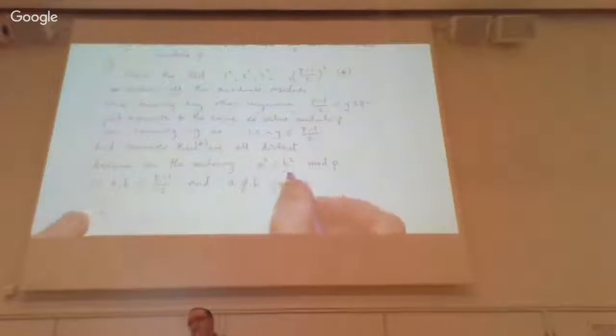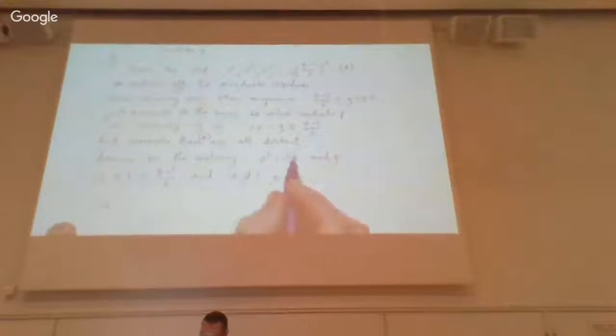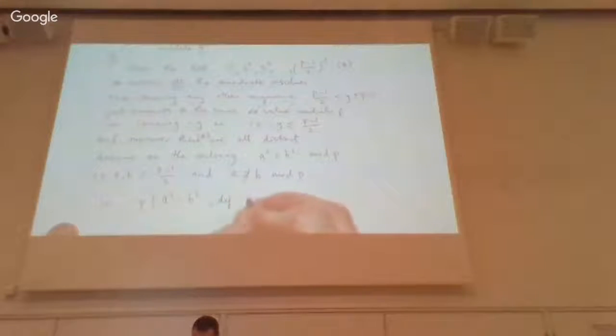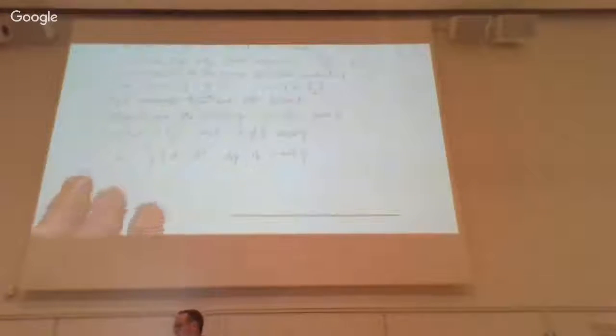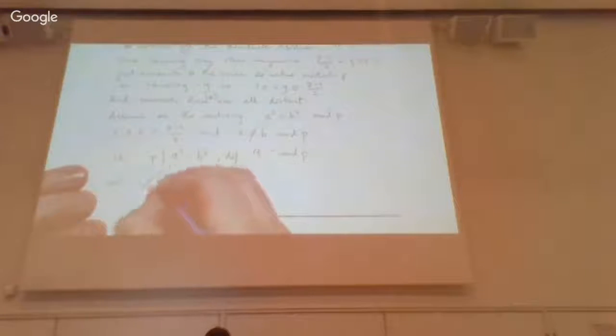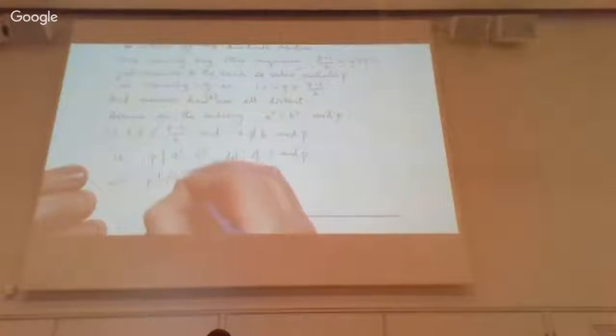Well, what's the definition of congruence? Two things are congruent modulo p means p divides their difference. Okay, that's just the definition of congruence mod p. And that implies that, you see, a squared minus b squared has a nice factorization, a minus b times a plus b.